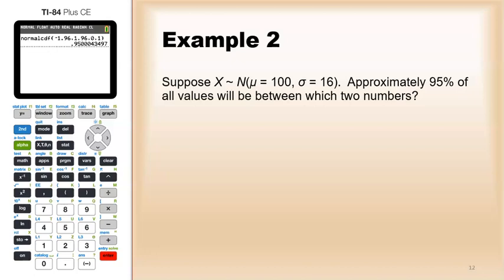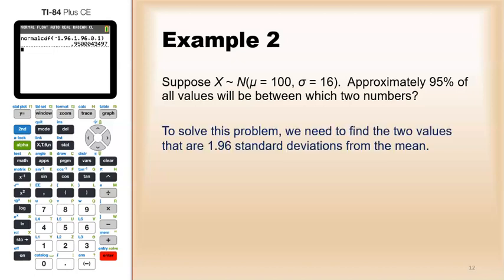Okay, let's take a different one. Suppose x has a mean of 100 and standard deviation of 16. Let's get a range of values. Approximately 95% of all values will be between which two numbers? Well, if you recall the last example, 95% of all values are within 1.96 standard deviations of the mean. So we need to find the values that are 1.96 standard deviations below and above the mean.